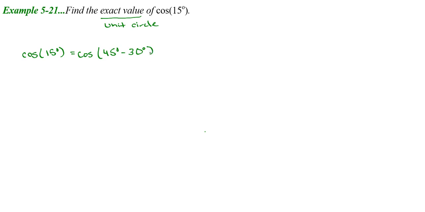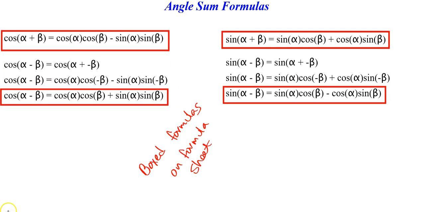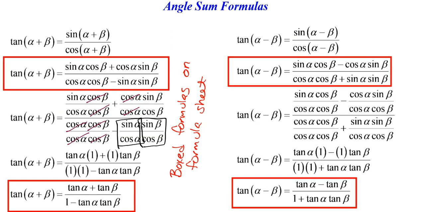Once I have written that expression as a sum or a difference, because those are the formulas we have, then you can go to your formulas. Remember, they'll be on your formula sheet. We're going to use the cosine of alpha minus beta, because my expression in my parentheses is subtraction and the function I was using there was cosine.